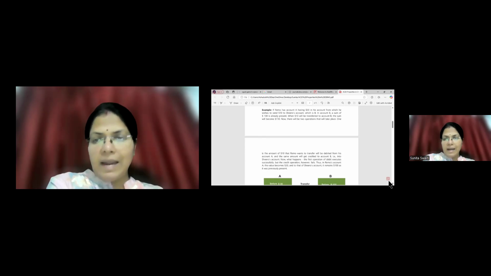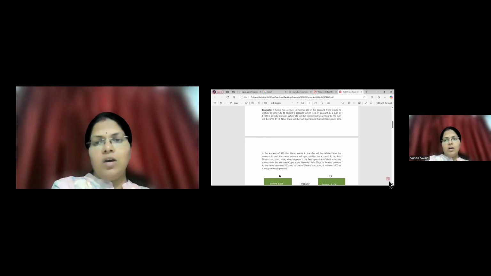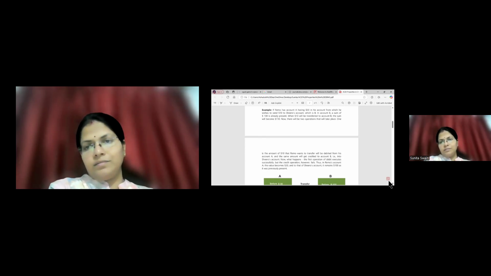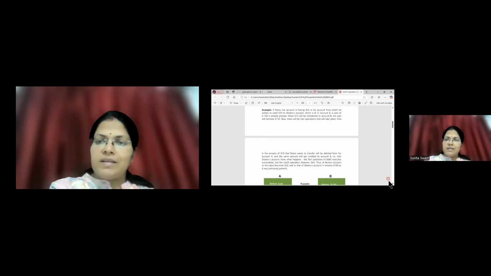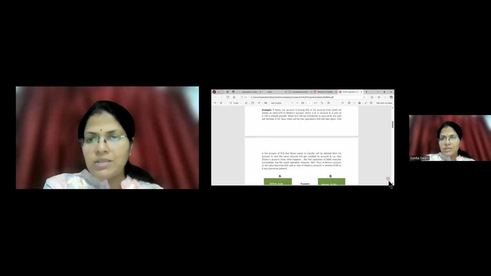This is one kind of inconsistency that occurs during a transaction. Somebody wants to transfer something, and from the particular account some amount has been debited, but that amount has still not been credited to the destination account holder's account.